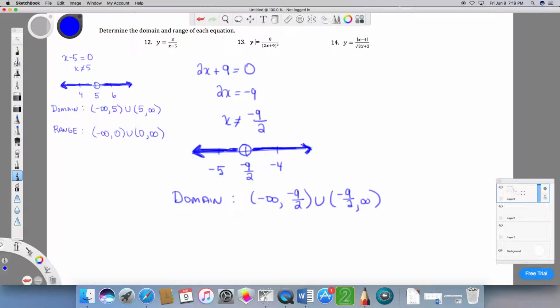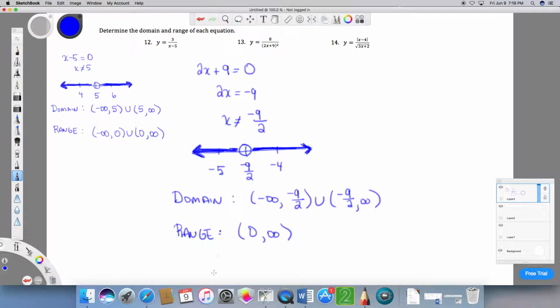And also, if I look at the denominator, 2x plus 9, being squared, I know that something that's squared is never going to be negative. So when we go to the graph, I believe that the graph will illustrate that the range is positive real numbers. And remember, 0 is neutral. 0 is not positive. So when I say positive real numbers, I'm excluding the value of 0.